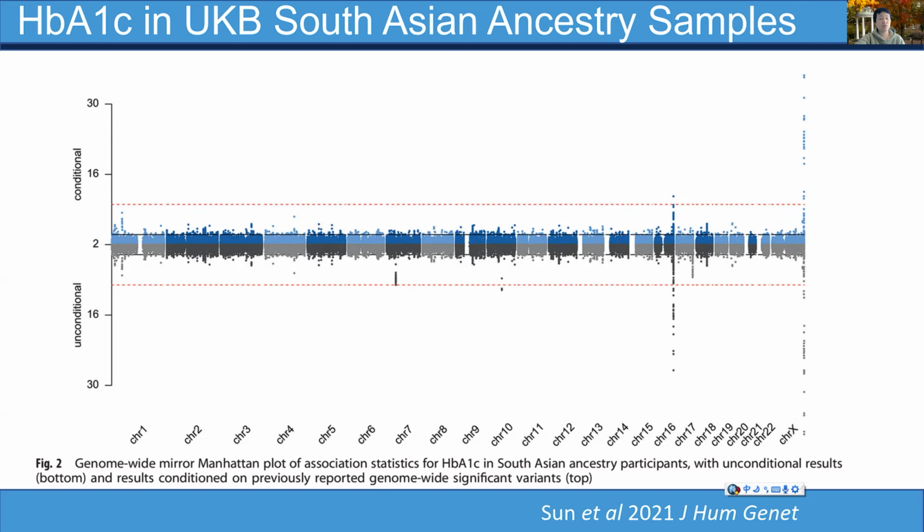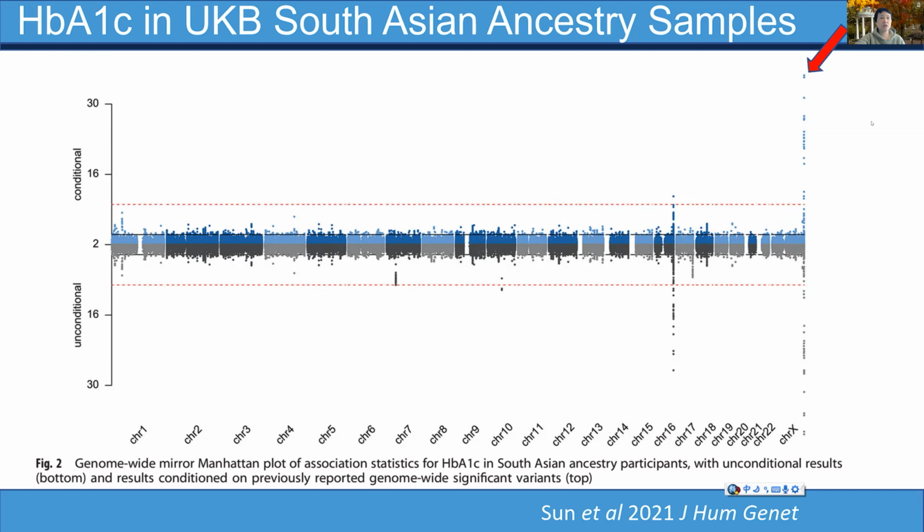Again, European ancestry individuals in UK Biobank number over 400,000, so it's at least 40 times more than the non-European ancestry individuals we evaluated, and it's 100 times more than the East Asian.